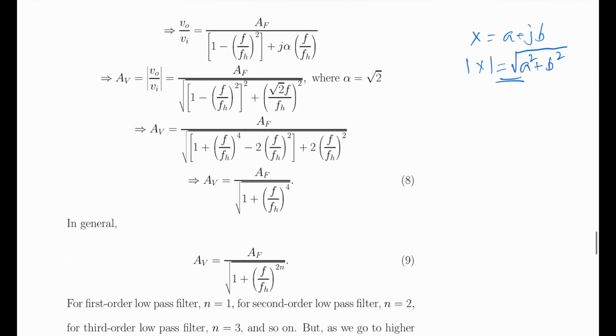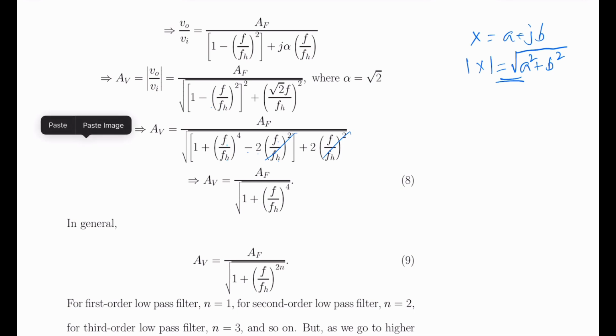Okay, so we have AV equal to AF. This is a minus b whole square, so this is 1 plus (f upon fh) to the power 4 minus 2 (f upon fh) square plus 2 (f upon fh) whole square. So this term cancels with this term. We are left with AV equal to AF upon root over 1 plus (f upon fh) to the power 4.